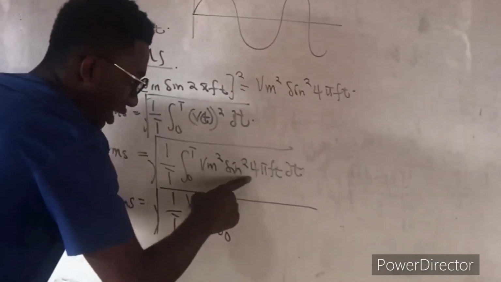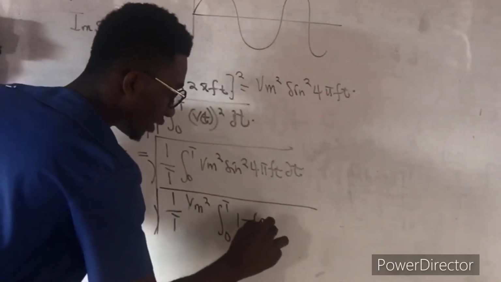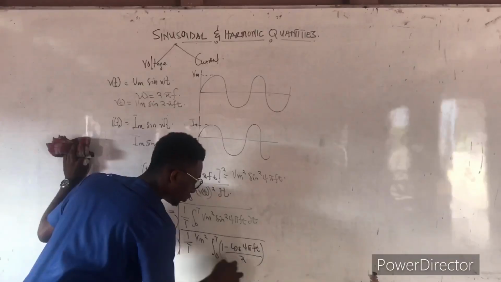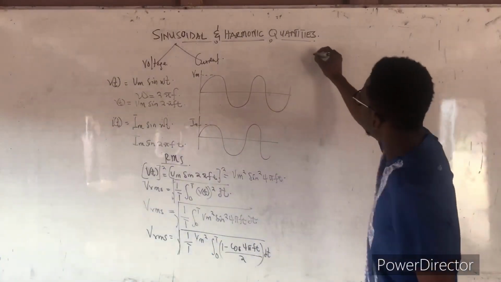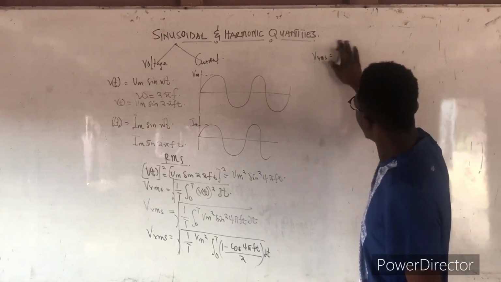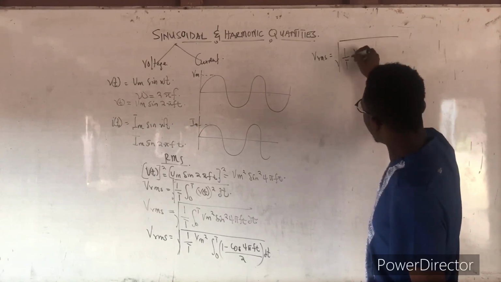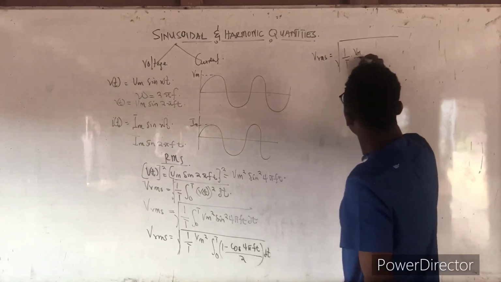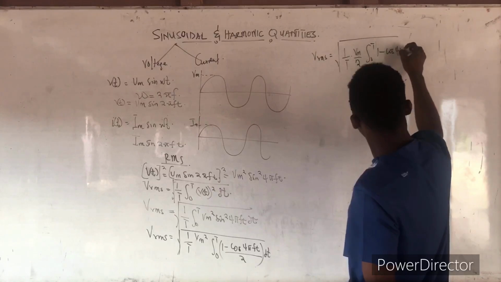You can change this sine squared 2 pi ft into 1 minus cos 4 pi ft all on 2, dt. Now 2 is also a constant, so we can get our Vrms, which is equal to the square root of 1 on t times Vm squared on 2, times the integral of this 1 minus cos 4 pi ft dt.